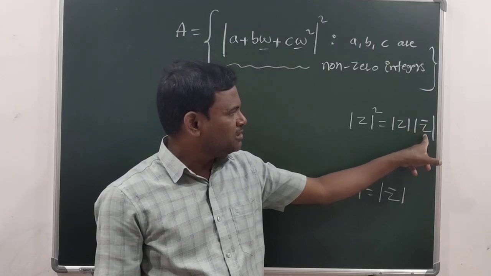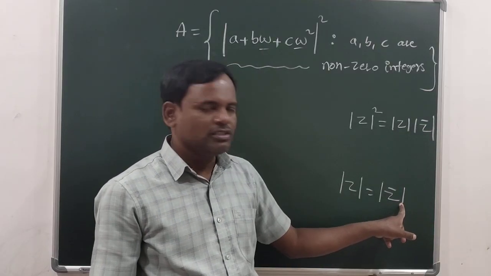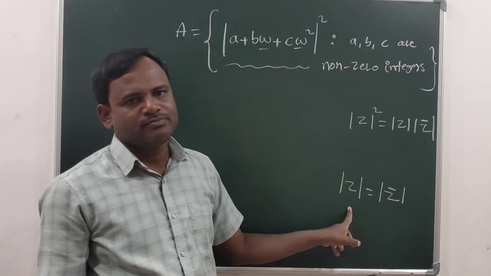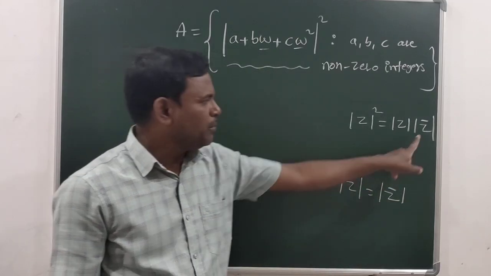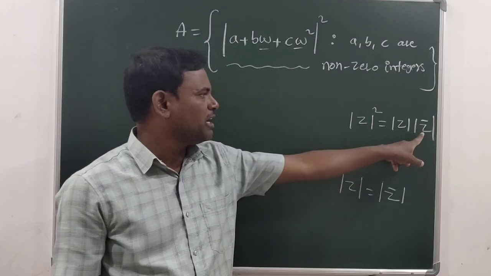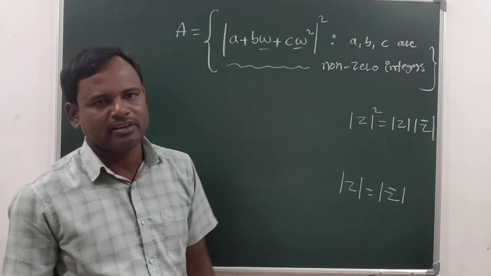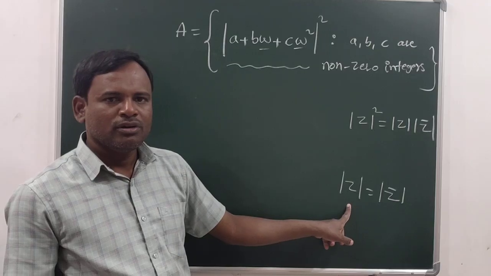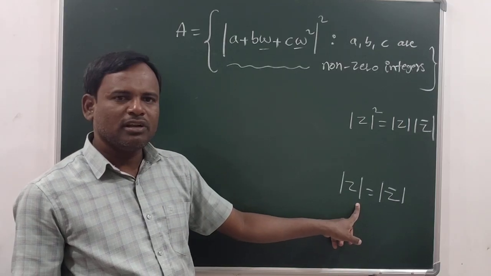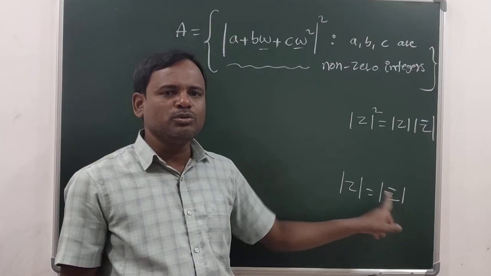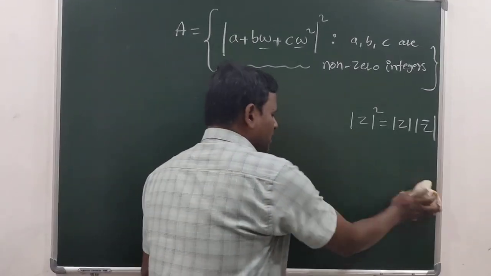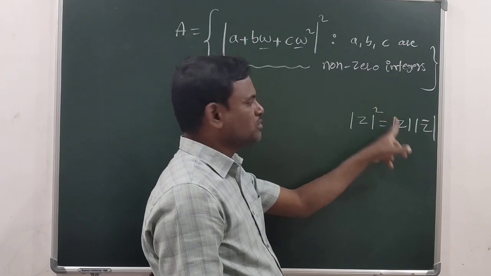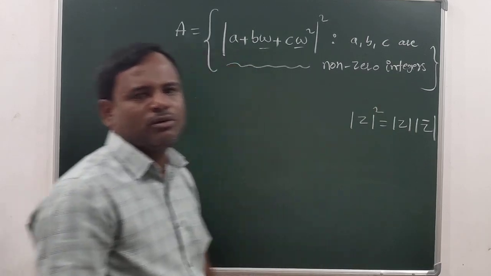So if you replace mod z bar, you get mod z into mod z bar. The magnitude of a complex number squared is equal to mod z into mod z bar.